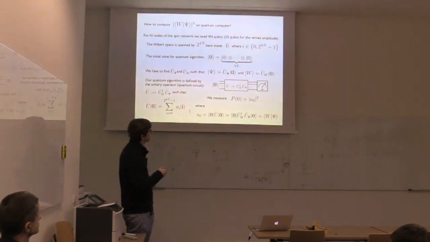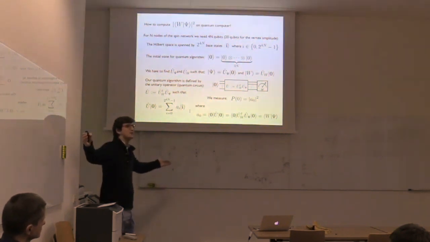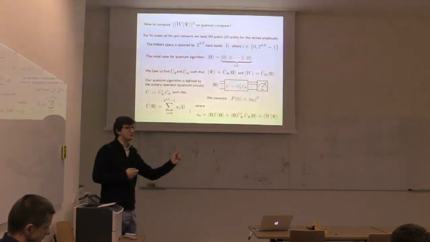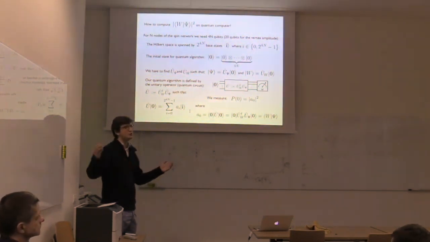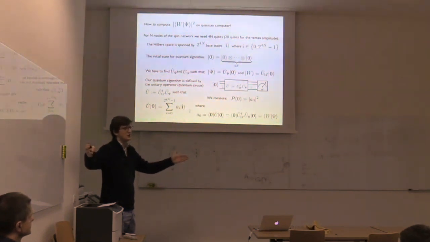This is something very simple conceptually, but then you see that if your basis is 1 million dimensional, extraction of the amplitude of a single basis state requires a huge number of measurements. Because at least to have a chance to get one measurement of a given state, you need around 1 million measurements.